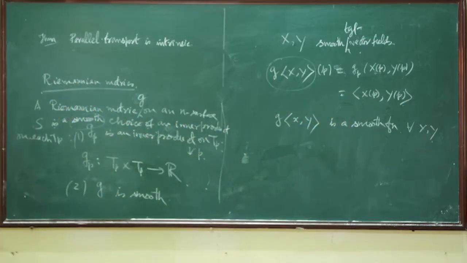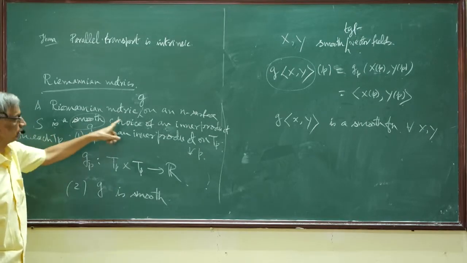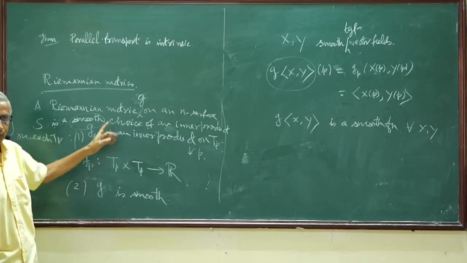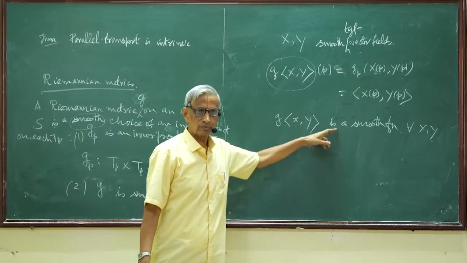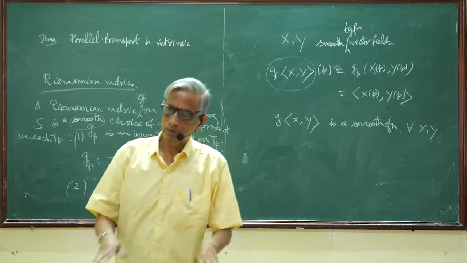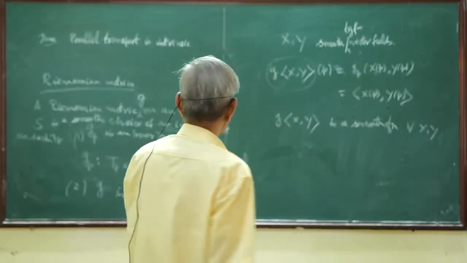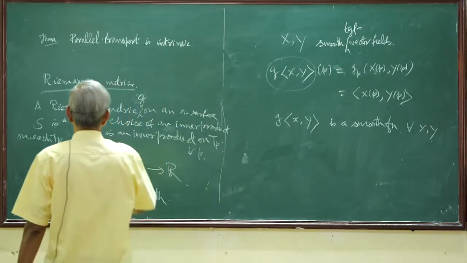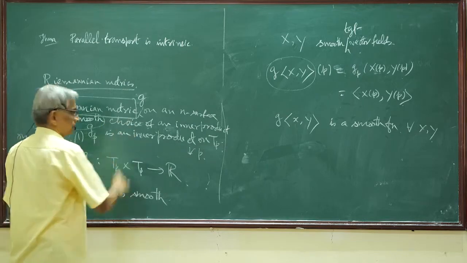Then you say that this is a smooth choice, right? The smoothness refers to the smoothness of these functions. So this is a smooth choice of metrics on tangent spaces. So this is what is called a Riemannian metric on S.